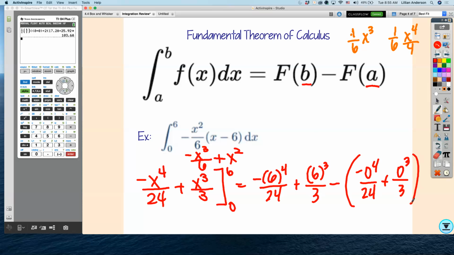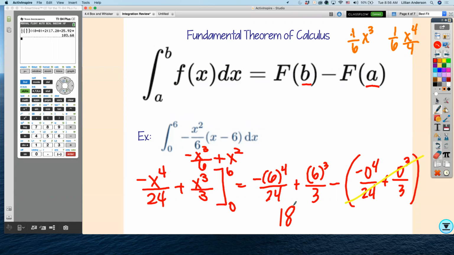So 0 over anything becomes what? 0. So that whole part is gone. So then you're left with negative 6 to the 4th over 24 plus 6 to the 3rd over 3 that you would type in and get your answer. So our area would be 18. That'll be the area underneath the curve from 0 to 6.